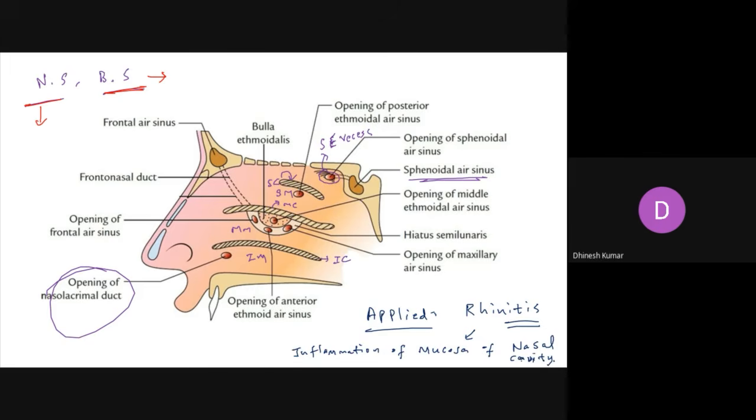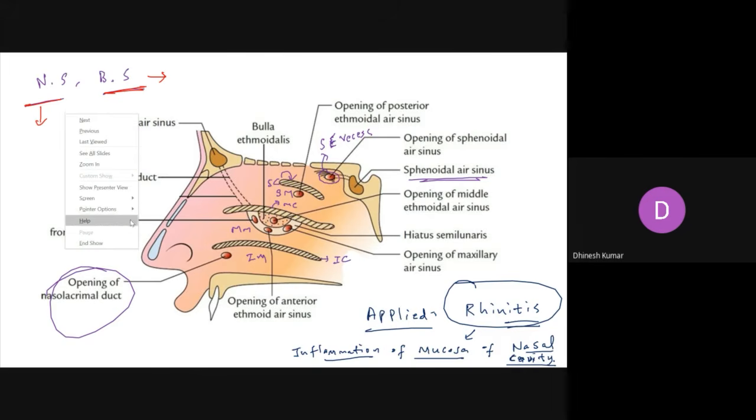Otherwise, we can say running nose. So rhinitis is the inflammation of mucosa or mucous membrane of the nasal cavity or cavities, which will lead to obstruction of the nose, sneezing, etc.